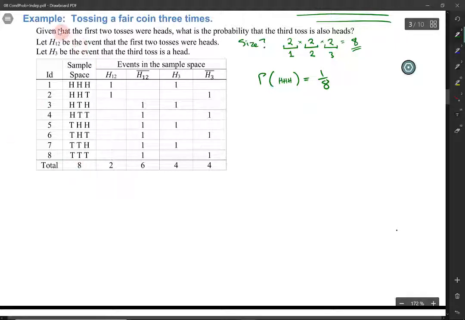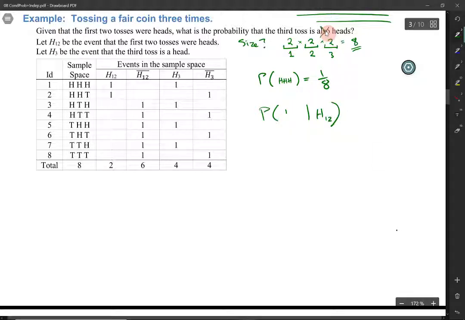What we're asking is, given that the first 2 tosses were heads. When you read these things in English, it's kind of backwards. So, given that the first 2 tosses were heads, what is the probability that the third toss is heads?